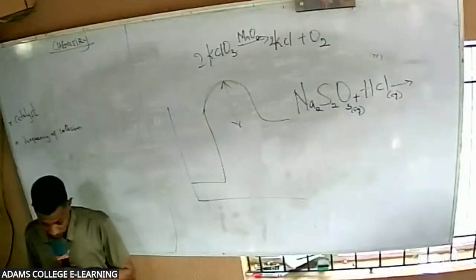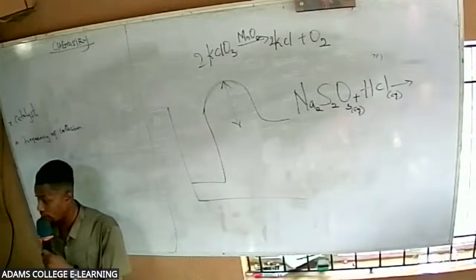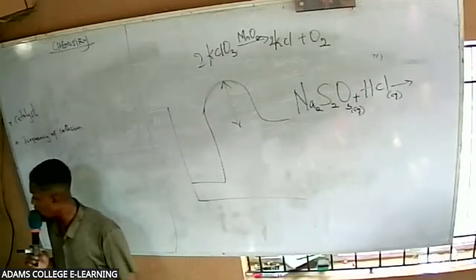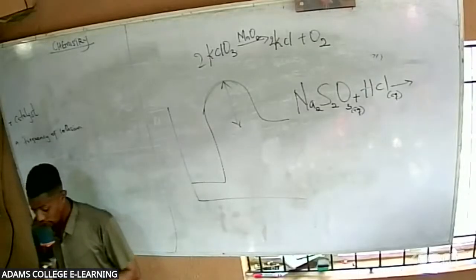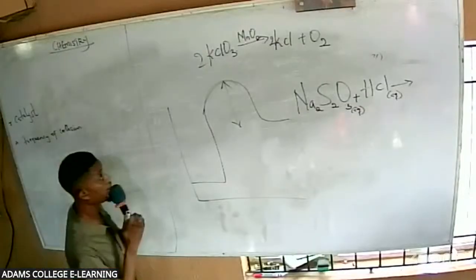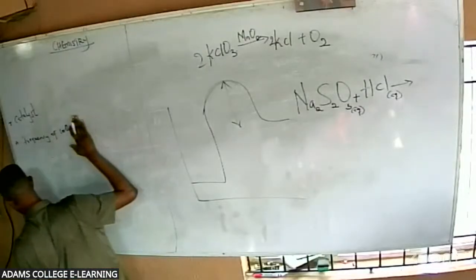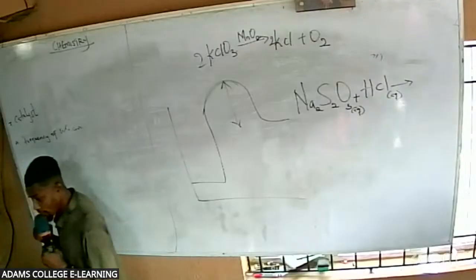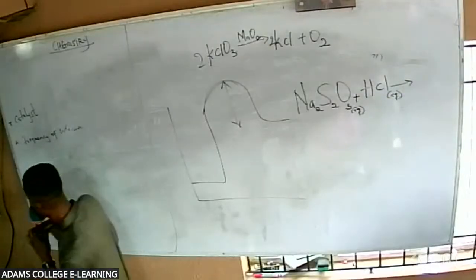Any reaction that is influenced by light is known as a photolytic reaction. Can you give some examples? Photosynthesis, a photochemical reaction.